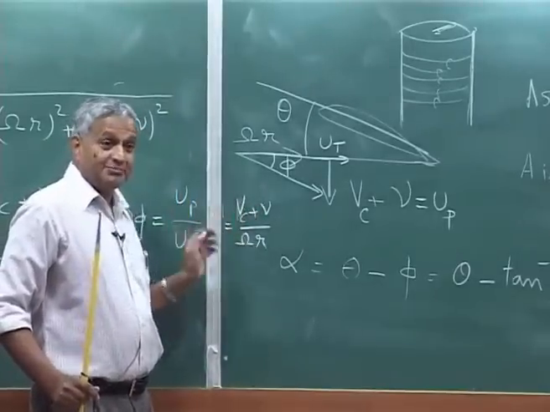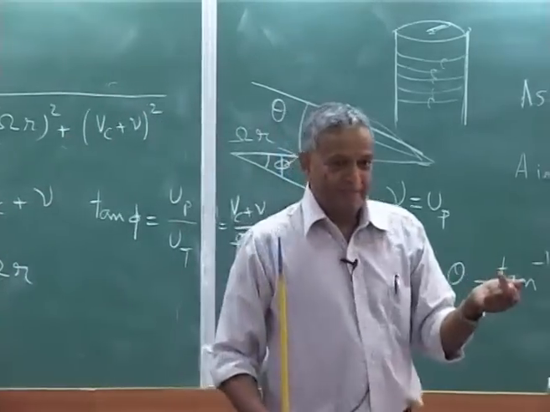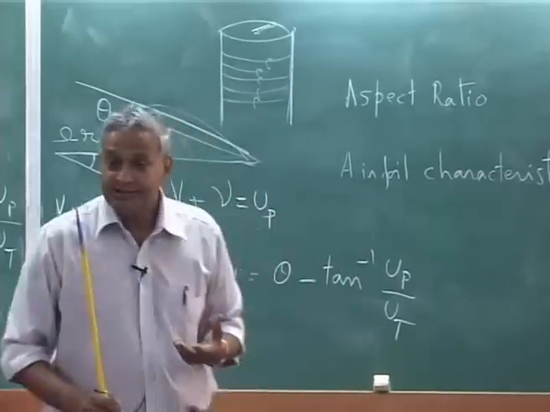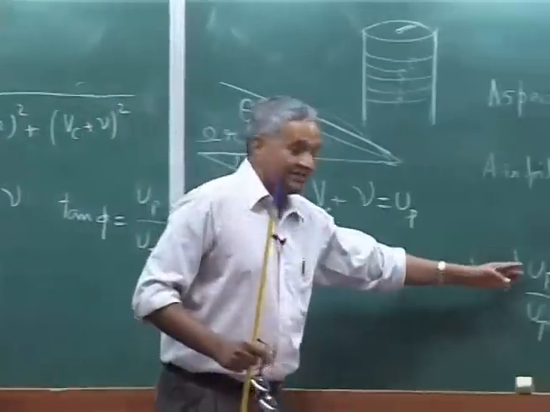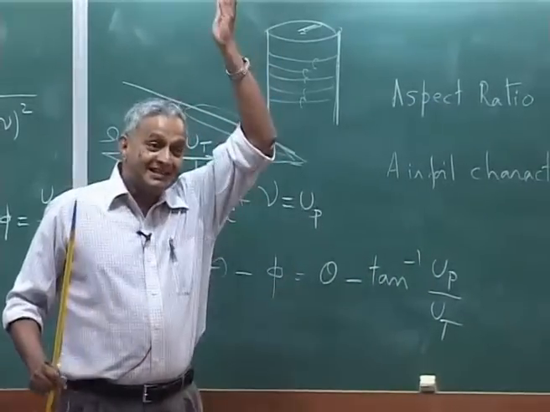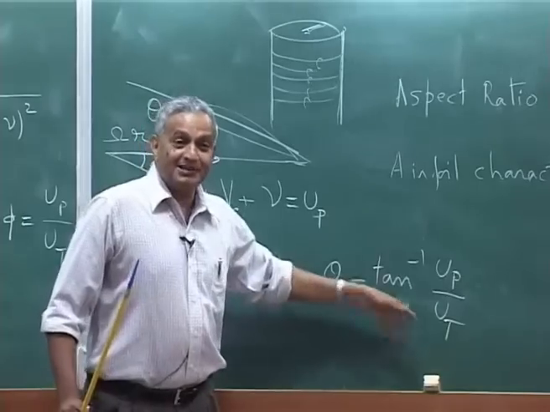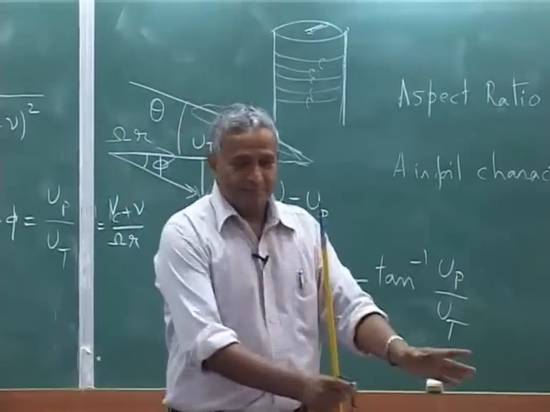That means phi is going to become more and more as you come near the root. And that means the angle of attack, whatever you put, because this value will be drastically increasing. Theta may be fixed, but this will keep on increasing, but then you are going to have problems.